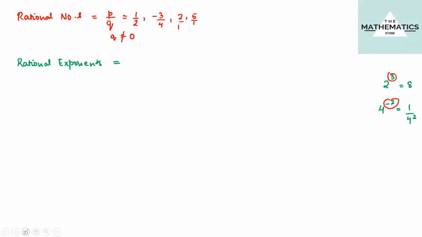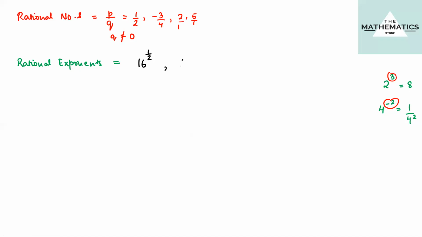Now, in rational exponents, you'll see the exponents will be in the form of rational numbers or in the form of fractions. So for instance, if I write 16 raised to 1 over 2. What? 1 over 2 is a fraction now. How will you find the value of this number?